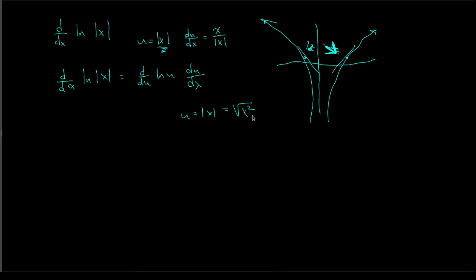We used this relationship, and then we said du/dx is going to be x squared to the 1/2 power. We used this chain rule, and this relationship holds true because this is the same as the absolute value of x.